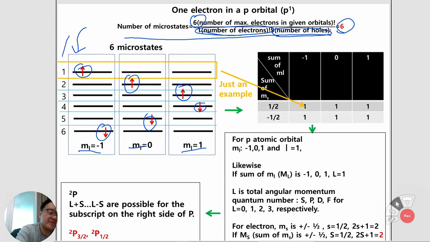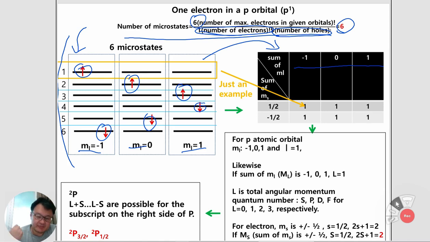Now, this kind of array of microstates can be converted into this kind of table. In this table, what you can see here is the sum of magnetic quantum numbers. Here we have only one single electron, so basically the magnetic quantum number of the electron is the same as the sum of magnetic quantum numbers.